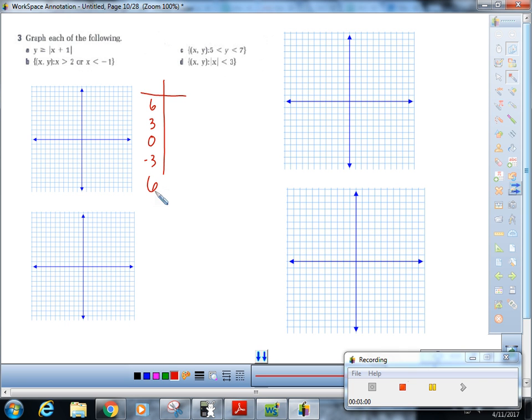When we put in a 6, we get a 7. When we put in a 3, we get a 4. When we put in a 0, we get a 1. So far, pretty normal. When we put in a -3, we get a 2. When we put in a -6, we get a 5. So let's graph those and see what they look like.